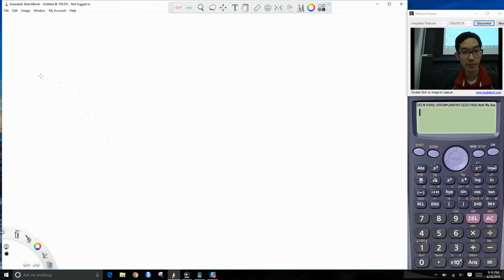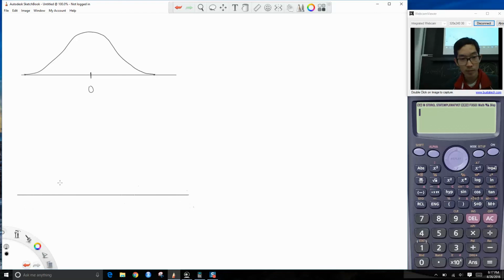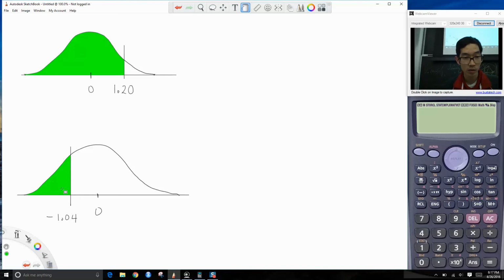Okay, so both of these, what is the shaded area?